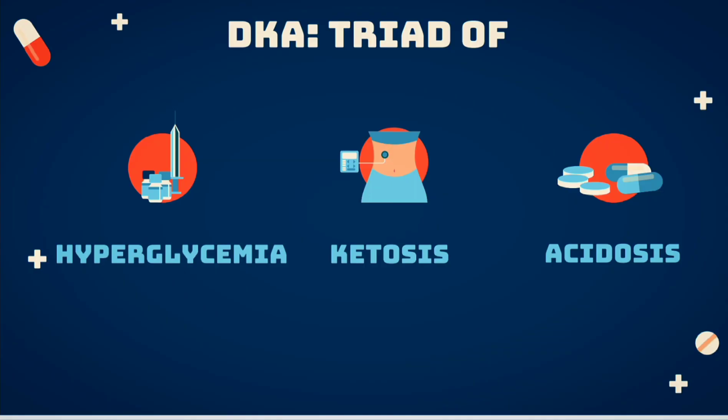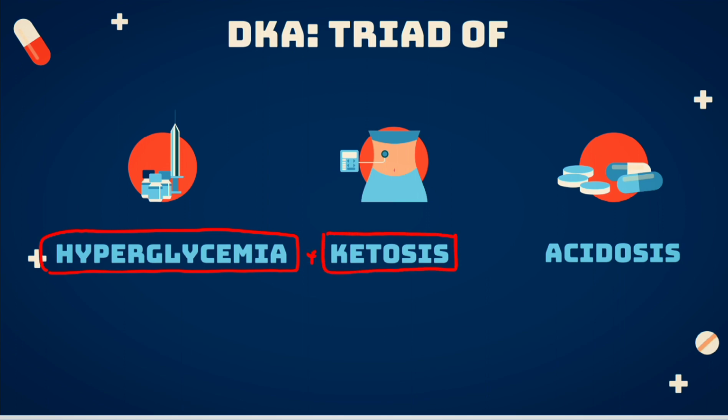So finally, we can say that diabetic ketoacidosis is a triad of hyperglycemia plus ketosis plus acidosis.